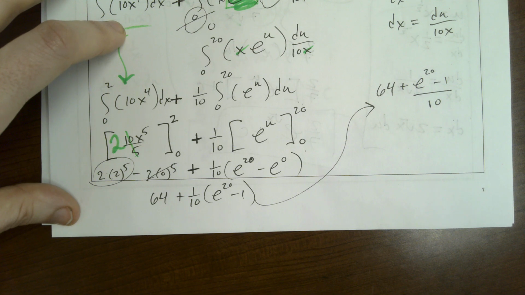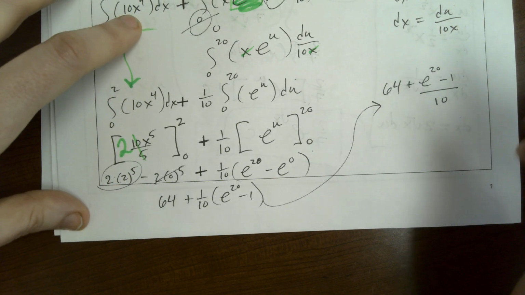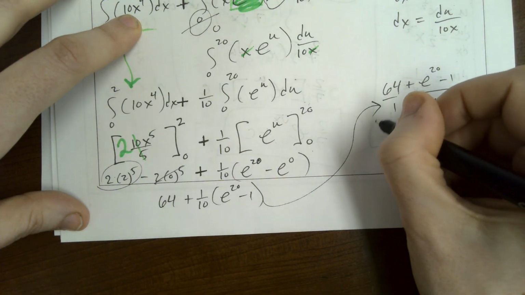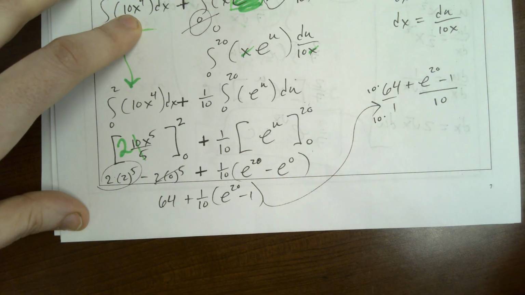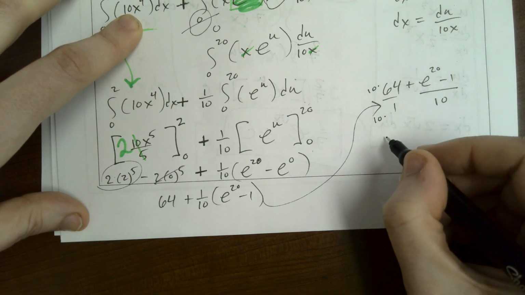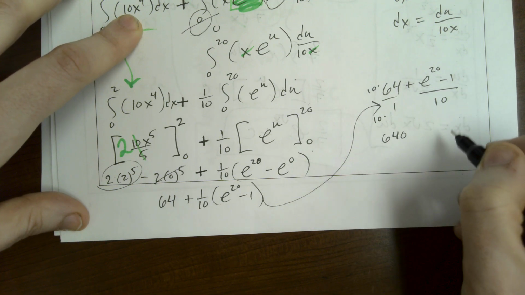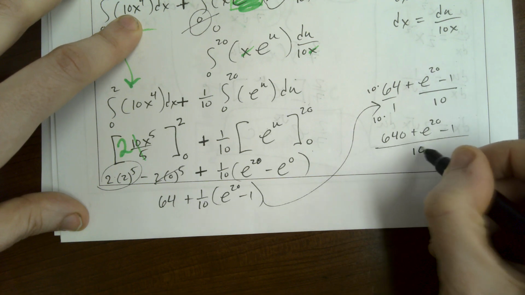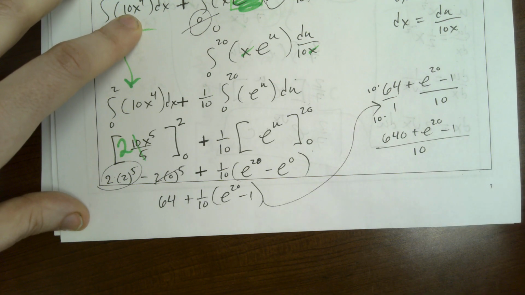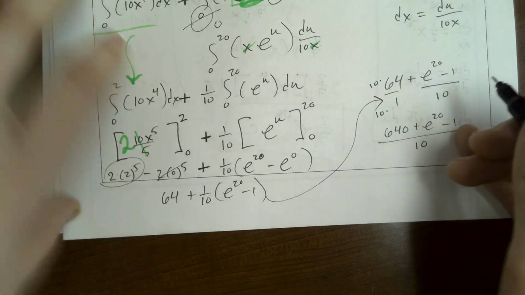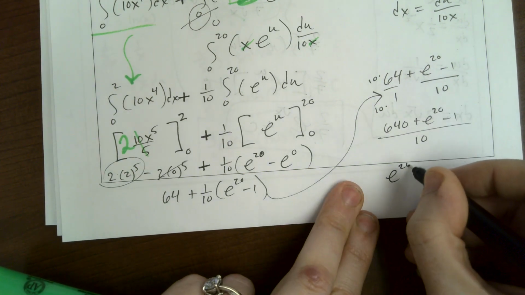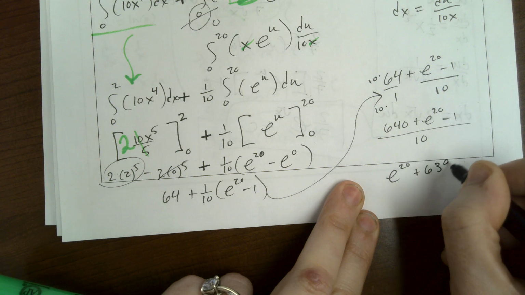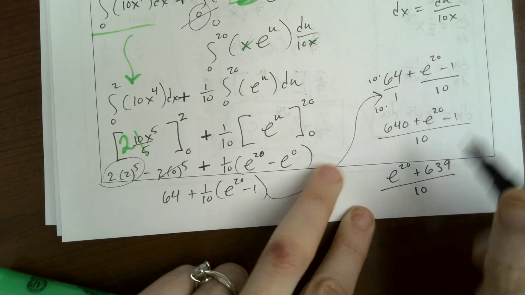If you want, you could get common denominators. So 10, 10. So we're getting 640 plus e to the 20th minus 1 over 10. So this is 639. So I've got e to the 20th plus 639 over 10.